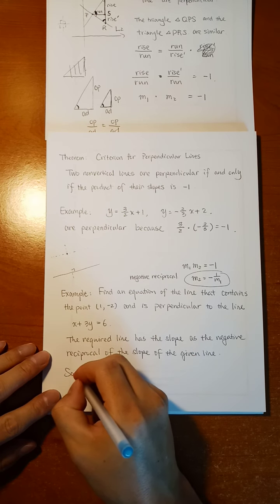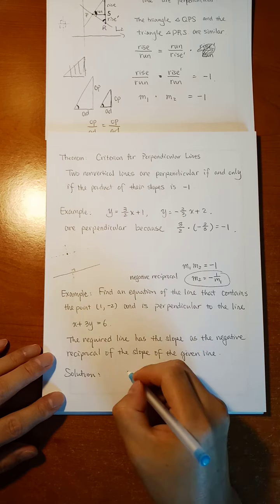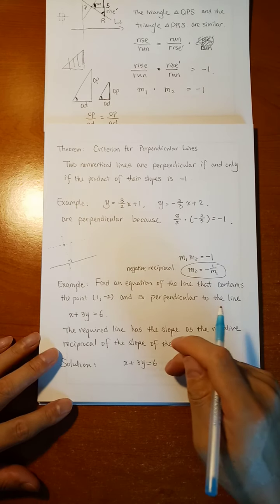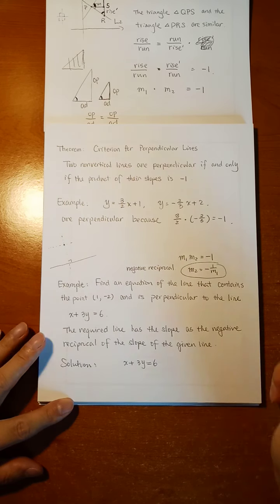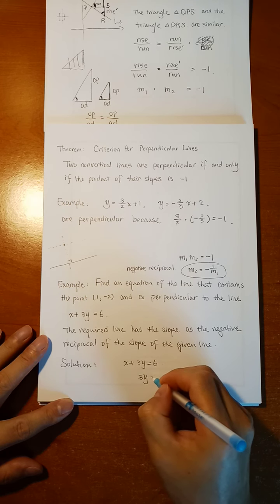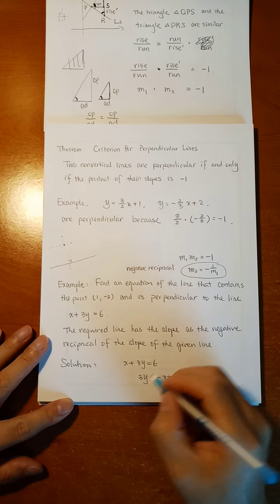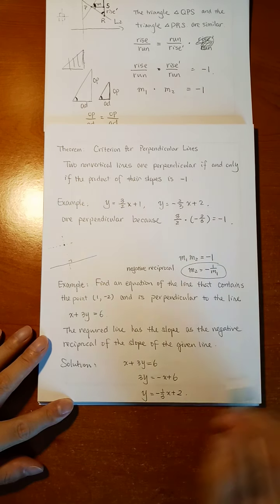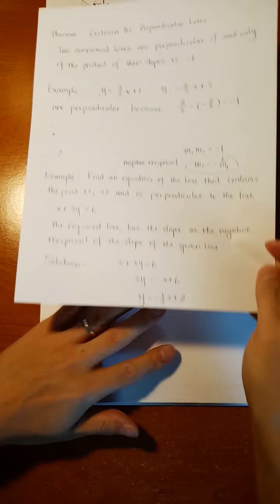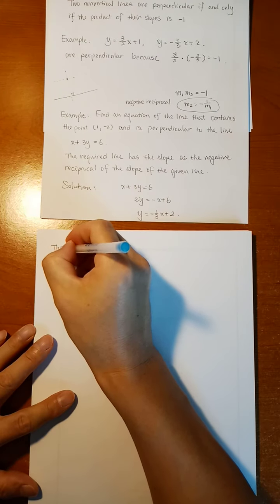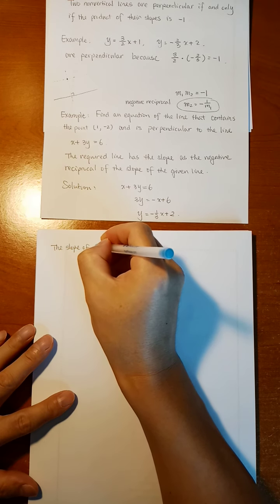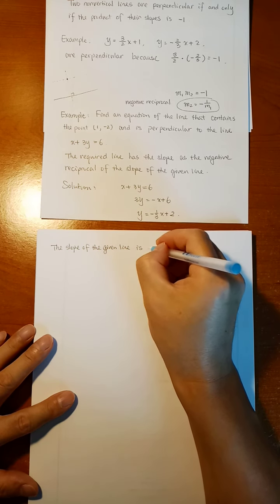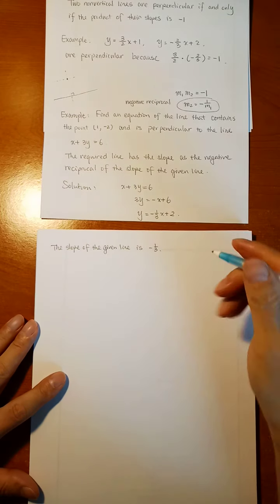So x plus 3y is equal to 6. We're going to write it in slope-intercept form to find the slope. We move x to the right side, and we divide the equation by 3. The slope of the given line is -1 over 3.